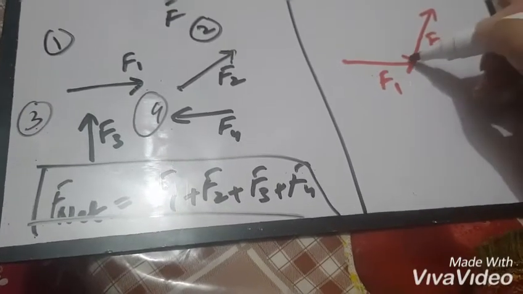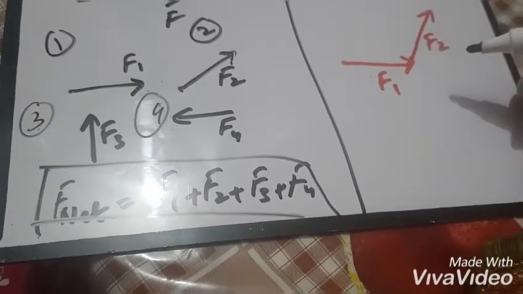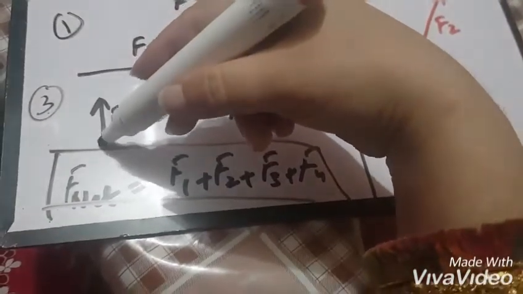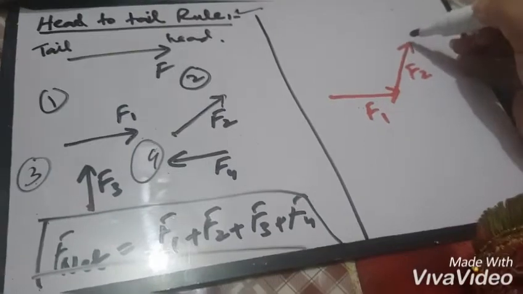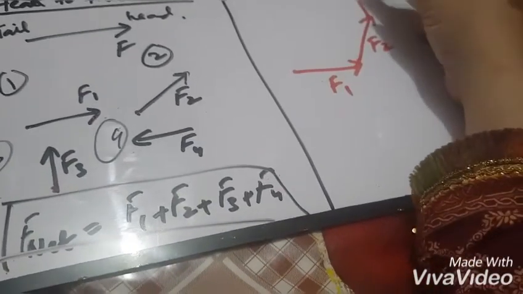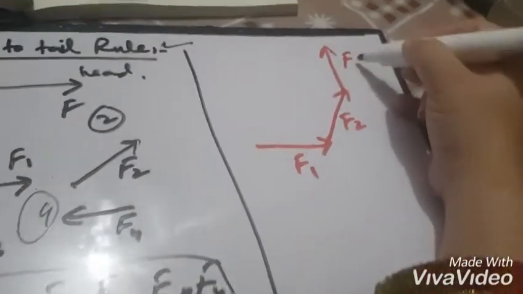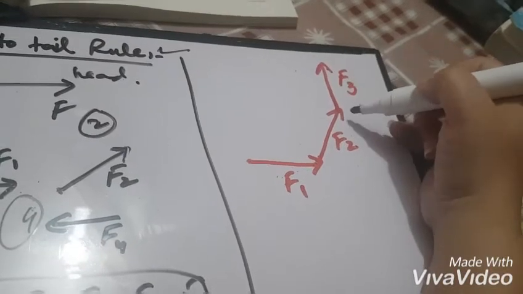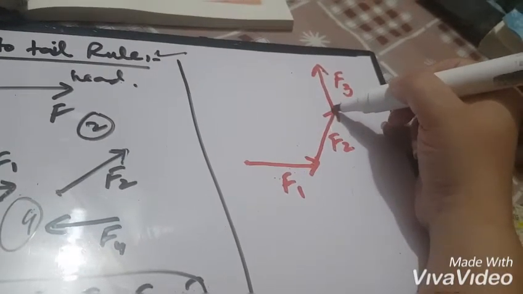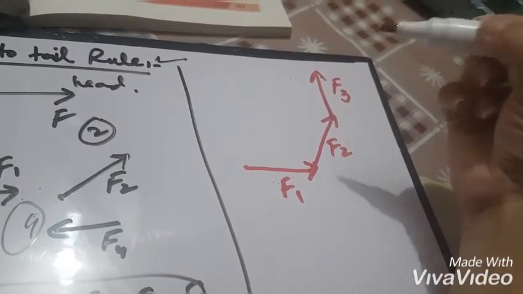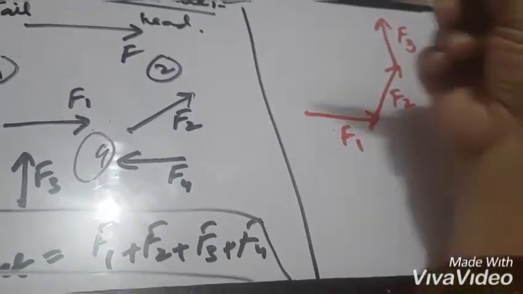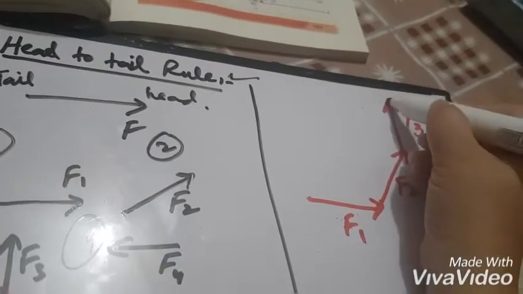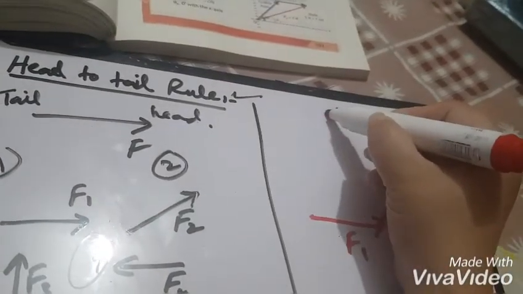This is f2, tail, head. For the third vector, put the tail of the third vector on the head of the second vector. Its direction is upward, this is f3. The tail of every next vector is put on the head of the previous vector. What about f4? F4 is in the backward direction, so I have to put f4 in this direction.